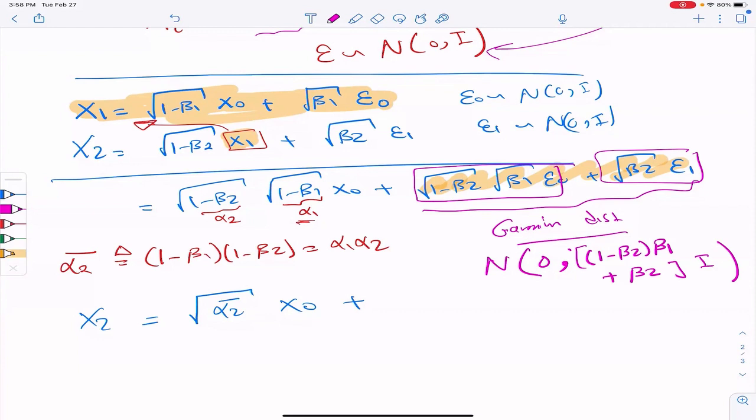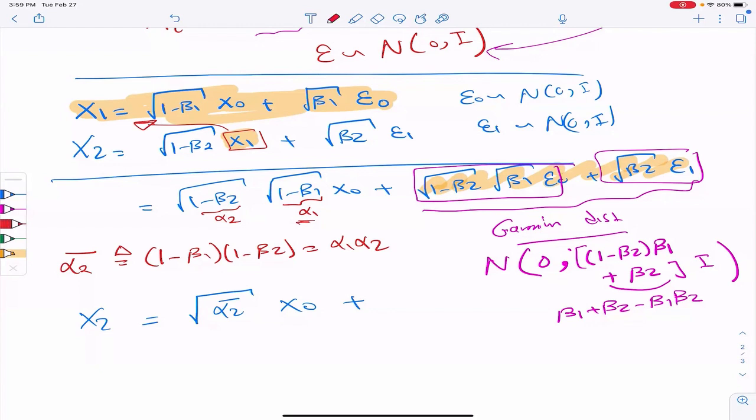Okay, can I simplify this term? Look at this term. Let me open this up. This is beta 1 plus beta 2 minus beta 1 beta 2. How can I simplify this term? I want to write everything in terms of alphas. Let's see.